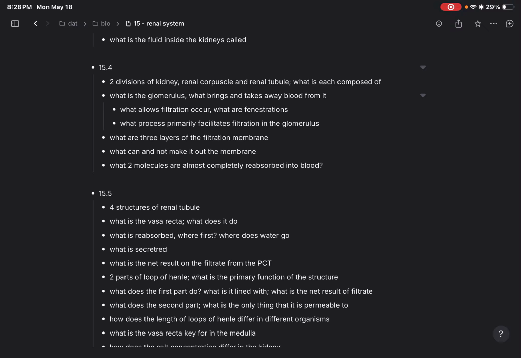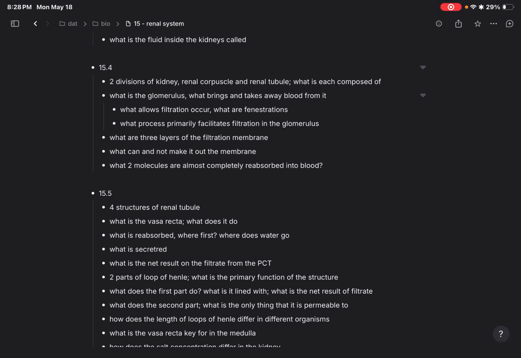The glomerulus is a network of capillaries. Okay, so it's not the renal vein, it's actually called the afferent arteriole. Afferent brings blood toward, and then the efferent arteriole takes blood away from the glomerulus.